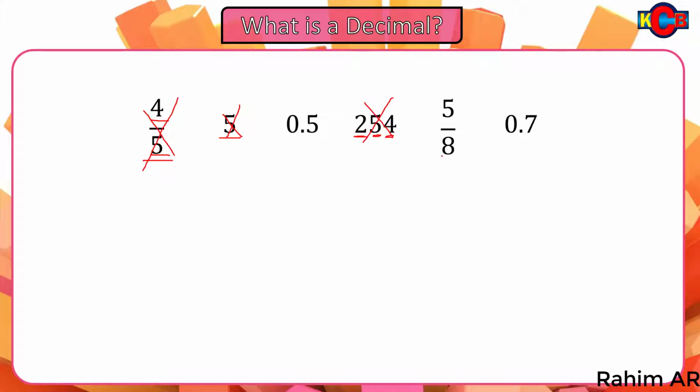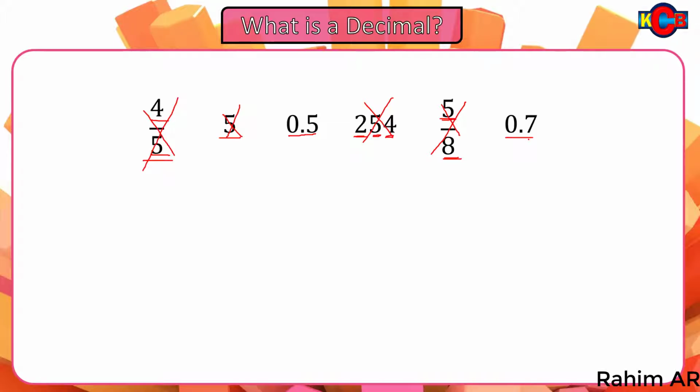Then, this, as you can see, is a fraction, 5/8. So, this is also not a decimal number. We are left with these two unknown numbers, here and here. So, these two numbers are decimals.